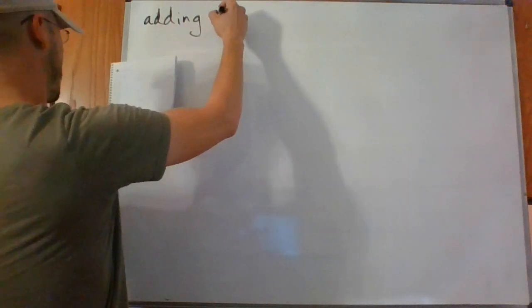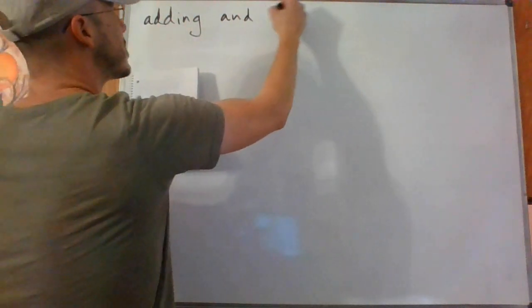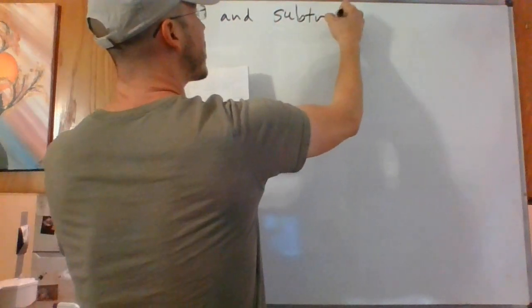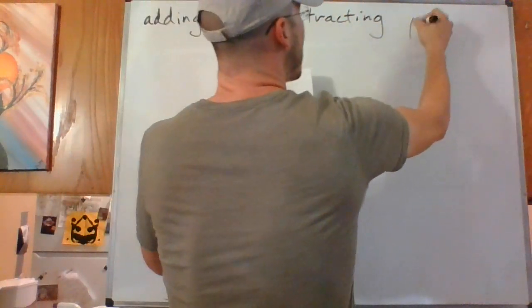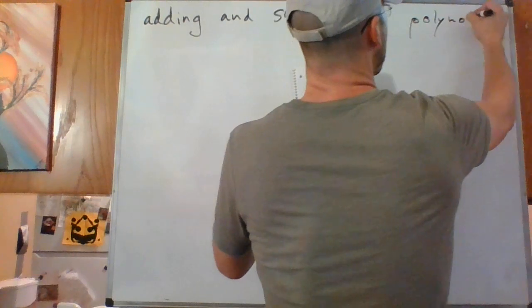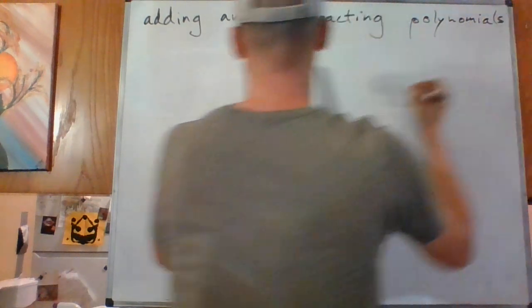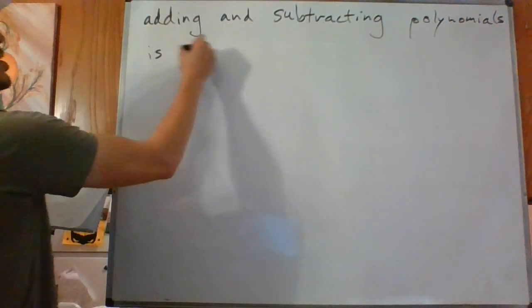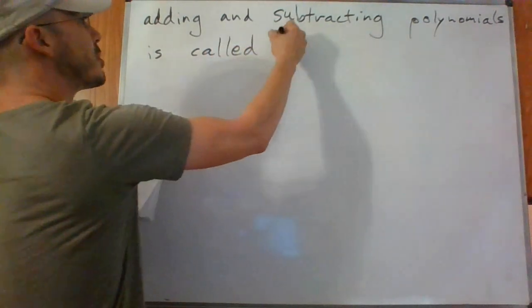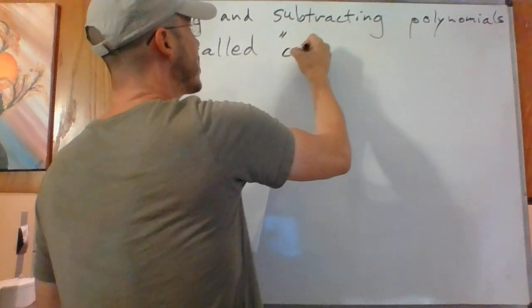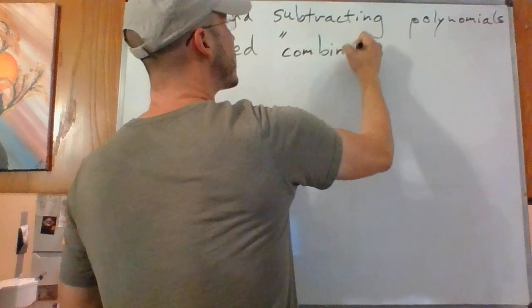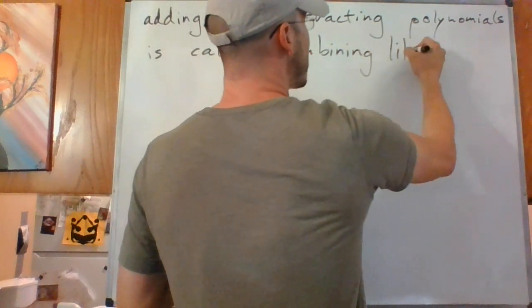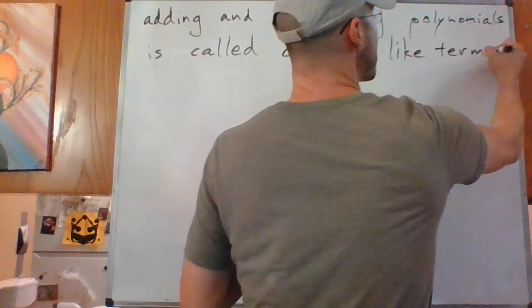And the first thing we're going to do, adding and subtracting polynomials, is called something you're probably familiar with, combining like terms.